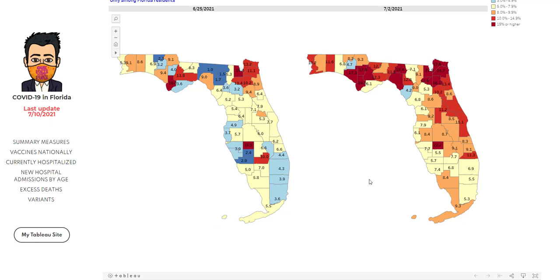As we go from 2 weeks ago to the most recent week, you can see a lot more counties are in the deep red, which is 15% or higher test positivity, and a lot more are also in the orange, indicating that we're above 8%. Again, the idea is to facilitate not only a where are we now, by the map on the right, but also how does it compare to the week prior.